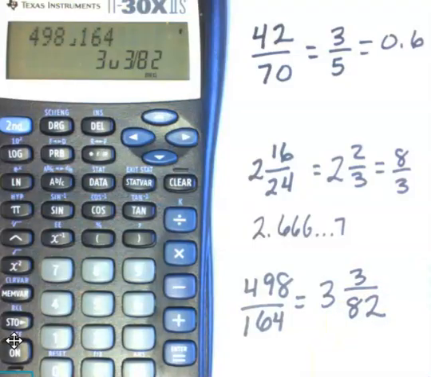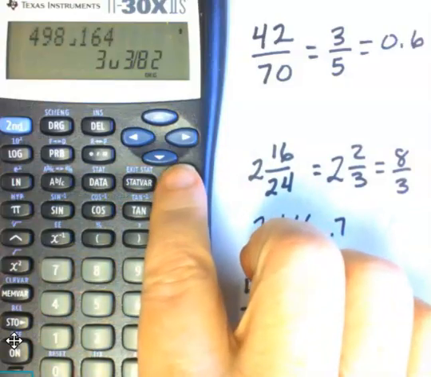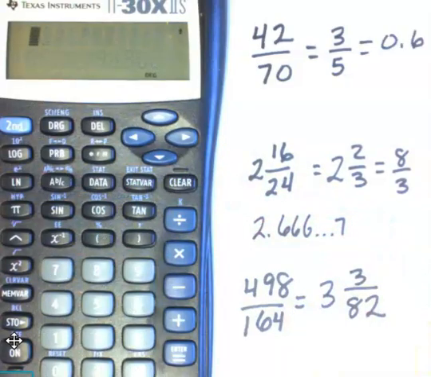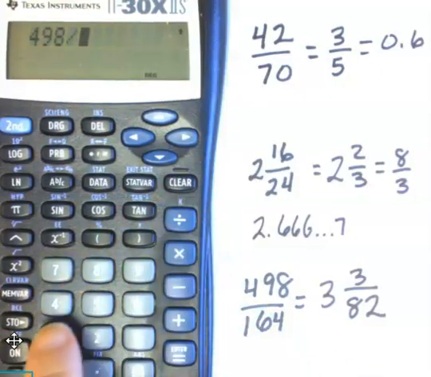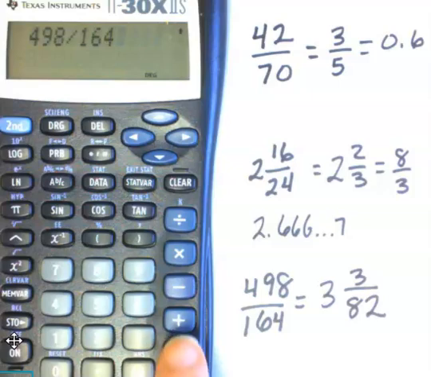Now, another thing it will do is I could have entered it the other way. I could have done just 498 divided by 164. And I could have gotten that decimal out of the calculator.